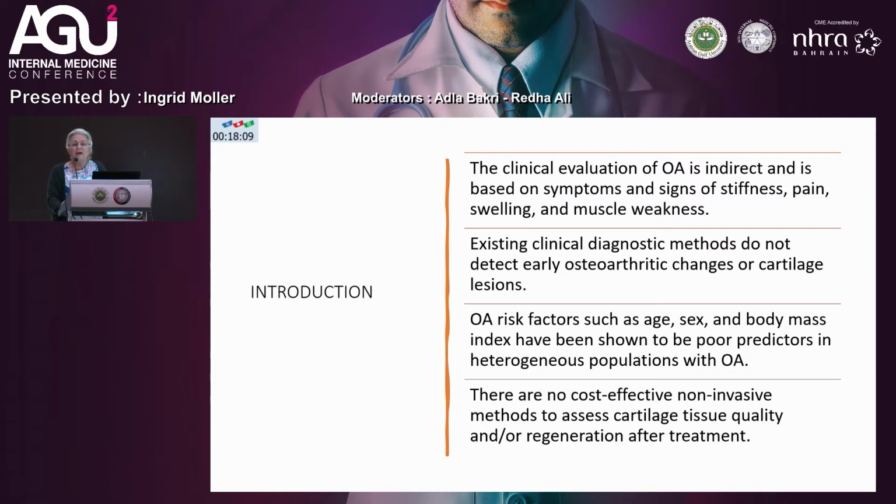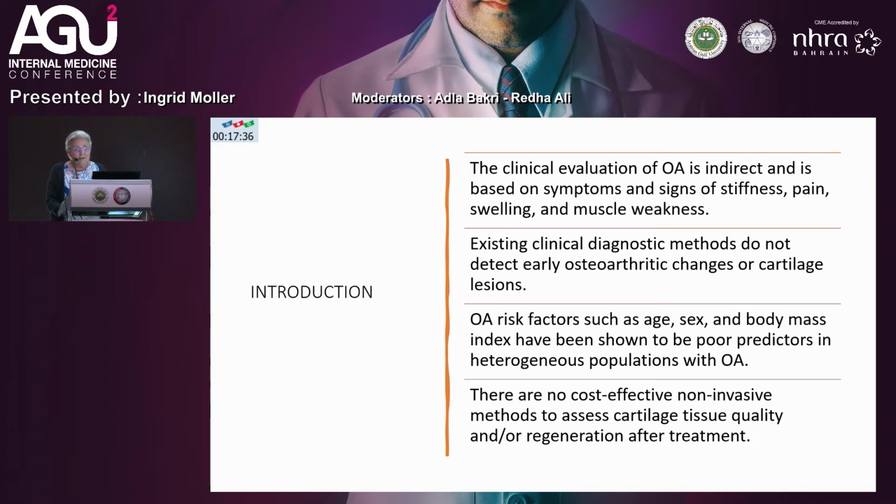We don't have clinical diagnostic methods to do early diagnosis in osteoarthritis, and it seems that we are not so interested. So why? Because we have no treatment. So why do you need an early diagnosis? Well, we'll see in the future. We have risk factors, and these factors are really poor predictors in a heterogeneous population with osteoarthritis, so they have not so much value in our diagnosis.